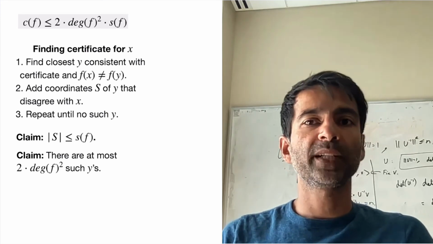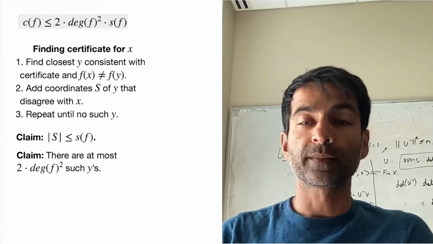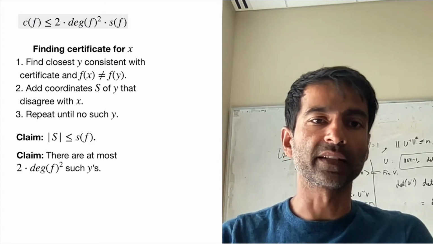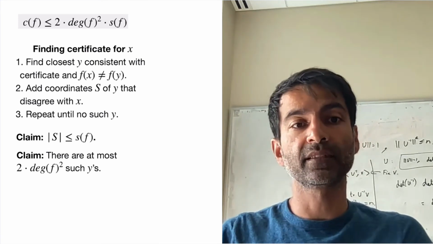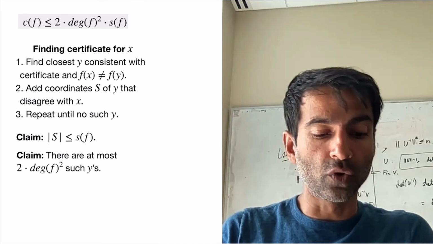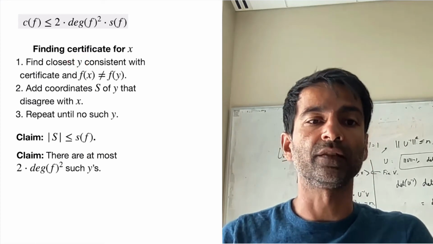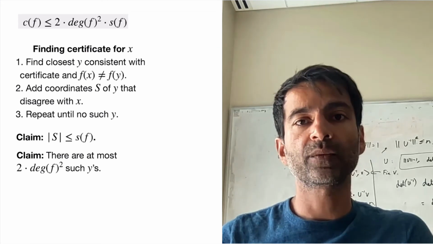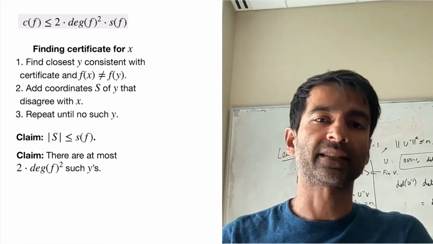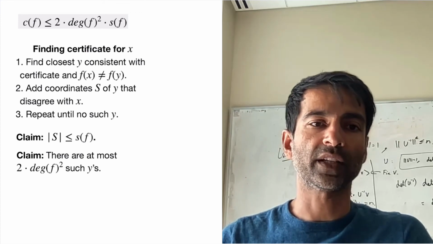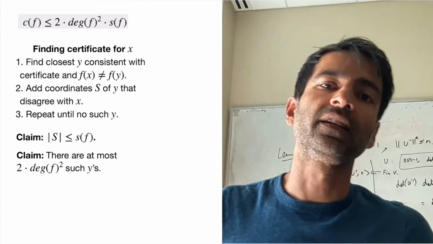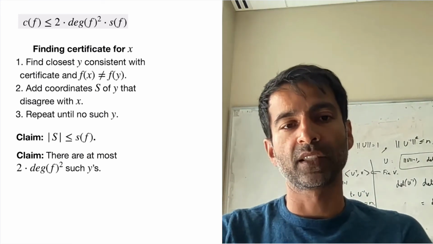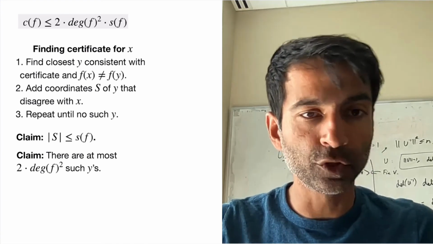Now, one thing that should be clear is that when this algorithm stops, okay, in every step we're adding coordinates and building a certificate. When this algorithm stops, it must be because there is no y that can be picked in the first step. And that means that the certificate we ended up with is a valid certificate for x. Okay, so this algorithm always finds a certificate. We just need to argue about the size of the certificate, and we'll do that by proving two bounds.